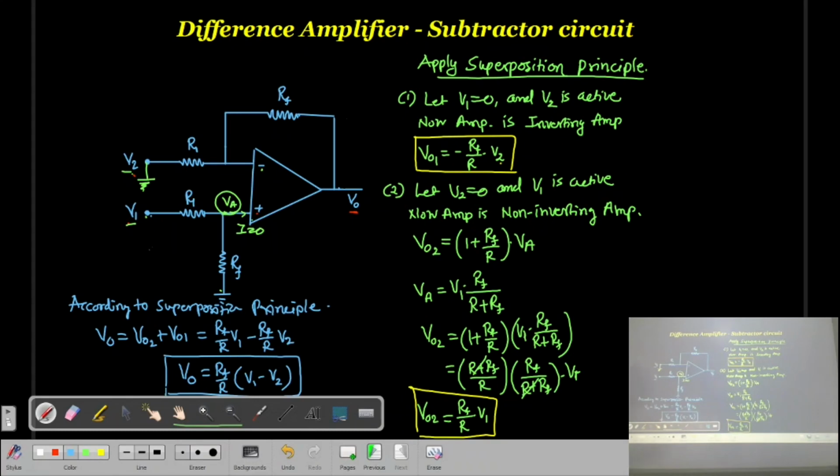So Rf by R, that is your amplification factor. Means if you want to amplify the difference 2 times, 3 times, 10 times, accordingly you can select the value of Rf by R. So this is known as the output of the difference amplifier.